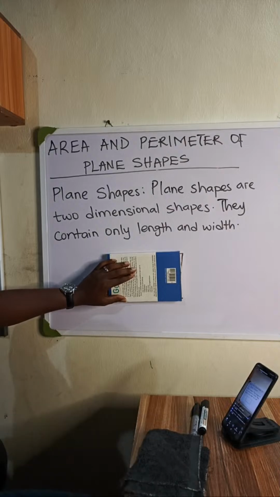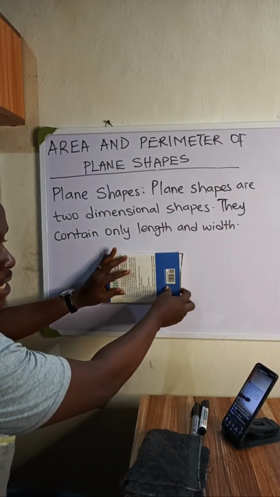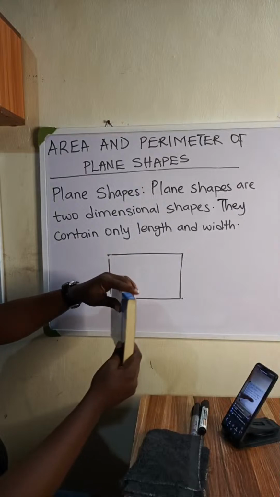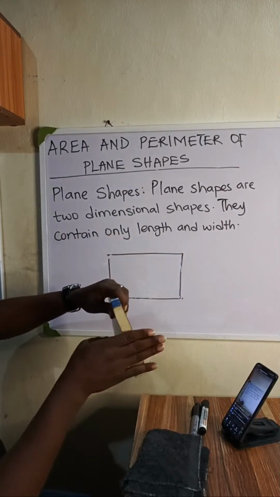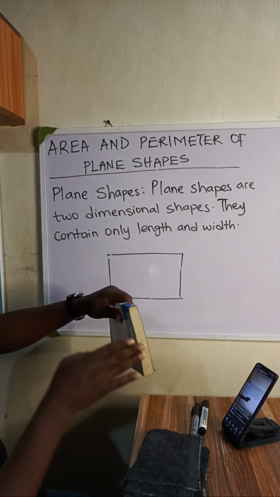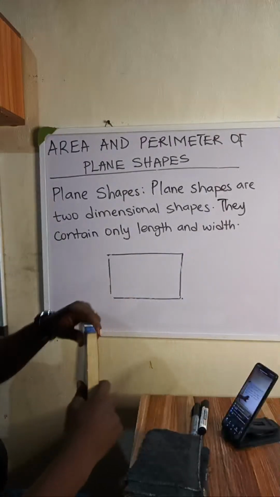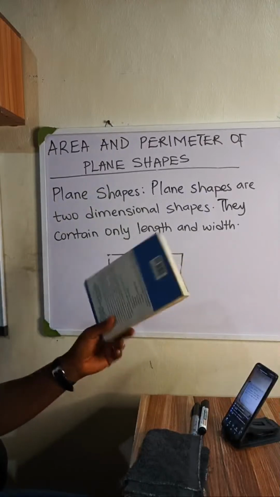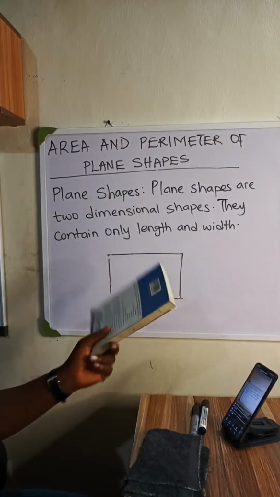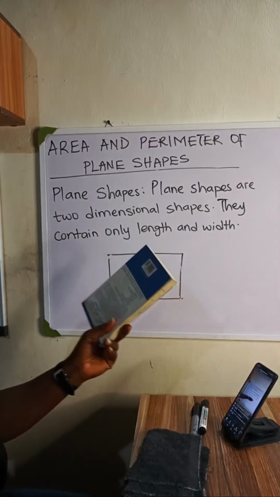The reason it's not a plane shape is it has a third side that you were not seeing initially. The presence of this third side makes this shape a solid shape. And because it is a solid shape, I can move it from one point to the other.